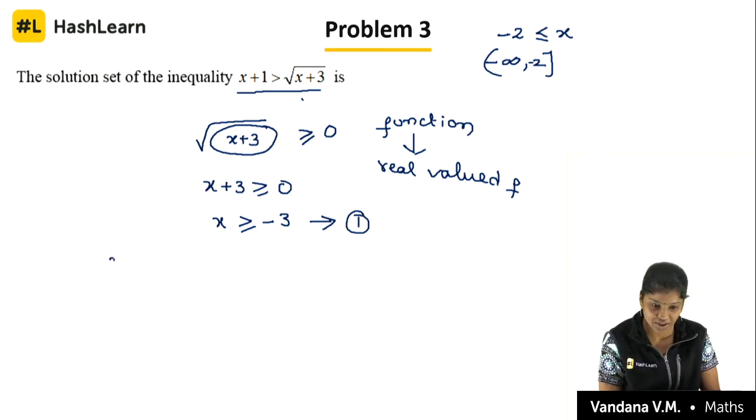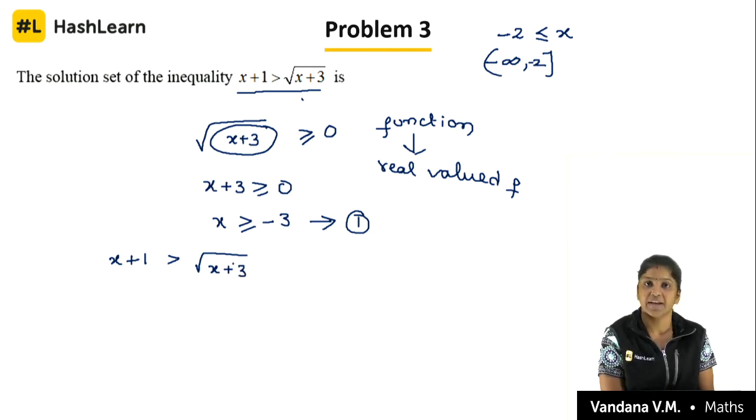What is the given question? x plus 1 is greater than root x plus 3. Root is there, so how to solve this? Squaring on both the sides, otherwise I cannot find the solution.